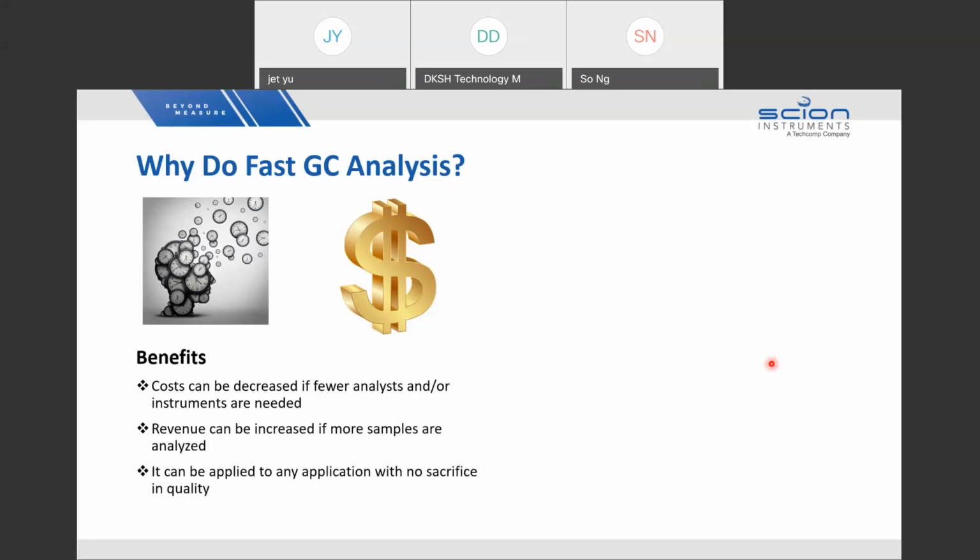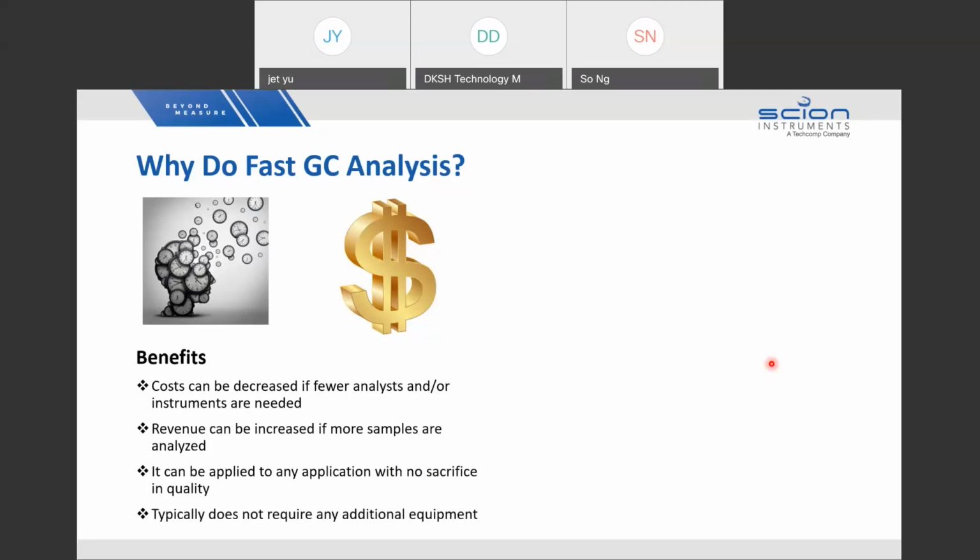Basically, fast GC analysis can be applied to any application with no sacrifice in quality. So what does that mean? If you have any type of application, there's always a way to improve the GC to shorten the analysis time, by means of method development or optimization, without sacrificing resolution. The last one is also quite important, because when we have some requirement, usually we say, do we have to add this or add that, which is additional cost.